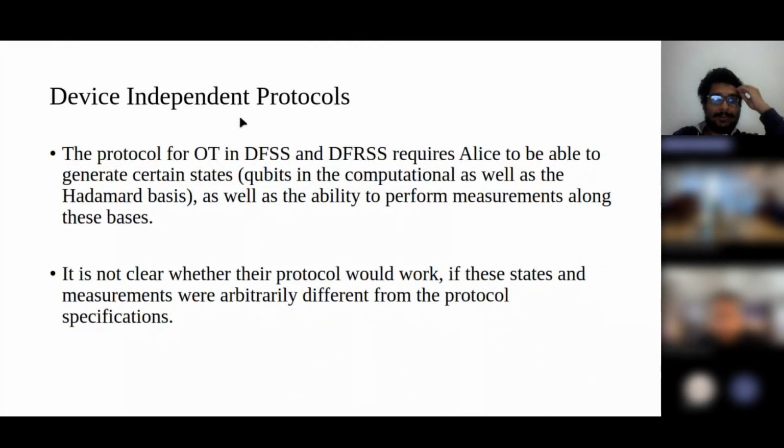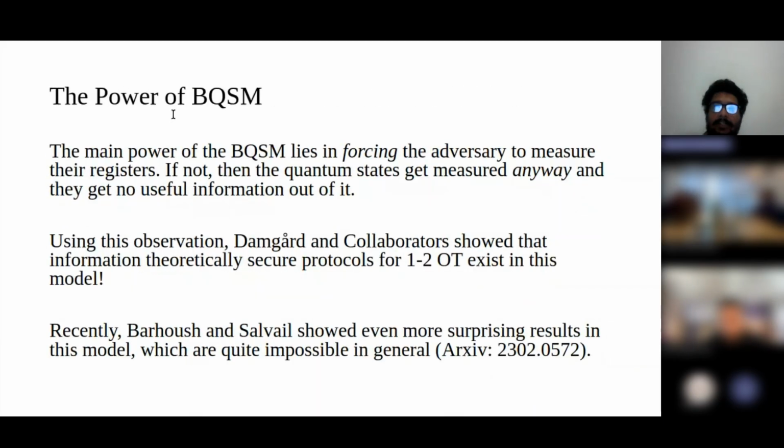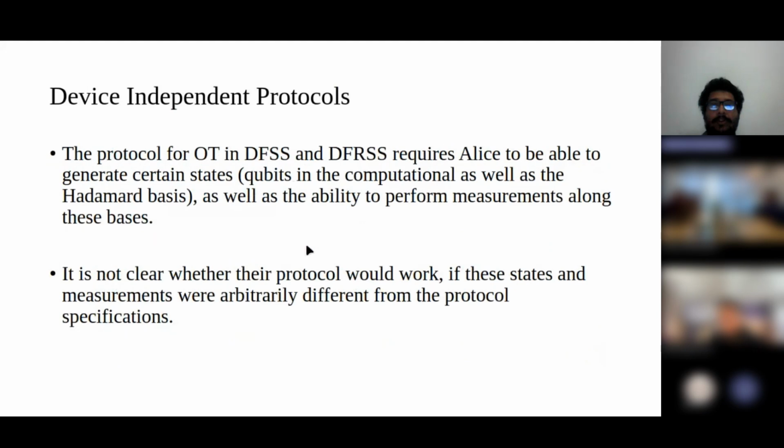so now we are going to go to the heart of Atul's comment that all of this stuff that I've mentioned so far has this implicit assumption that whatever specification I write down for the protocol, for example Damgard and collaborators' protocol, assumes that the honest party can produce BB84 states, that is computational basis states 0 and 1, and Hadamard basis states plus and minus.